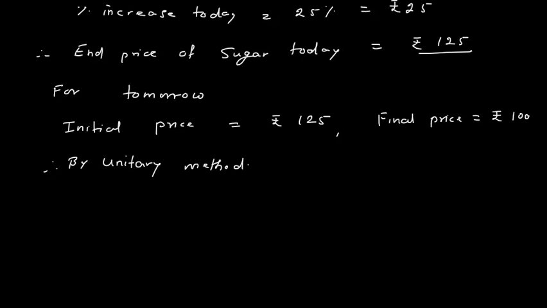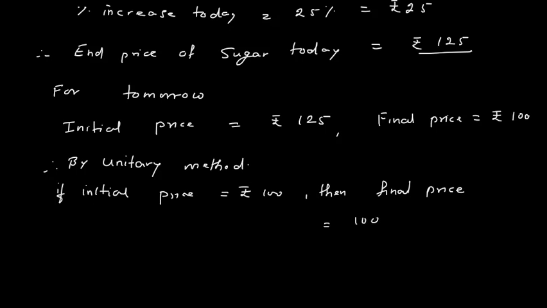If the initial price was rupees 100, then your final price will be 100 divided by 125, multiplied by 100.